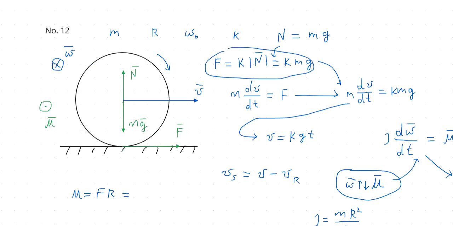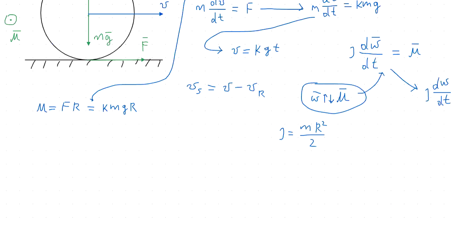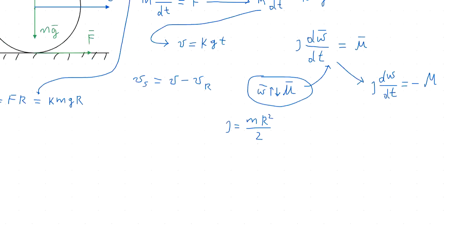So from here we have kmg multiplied by r.